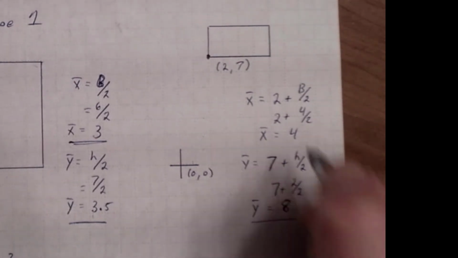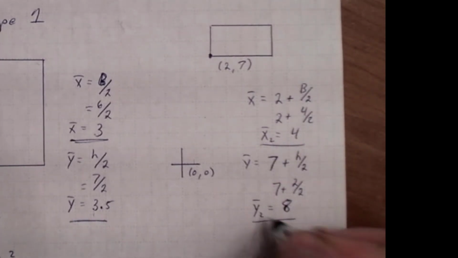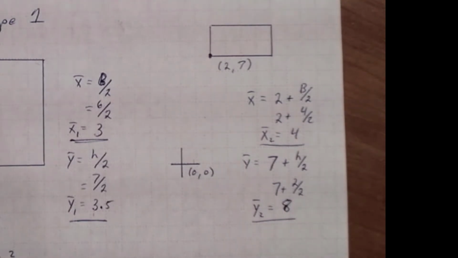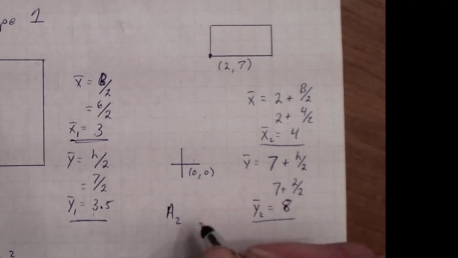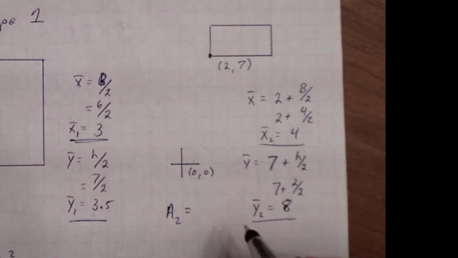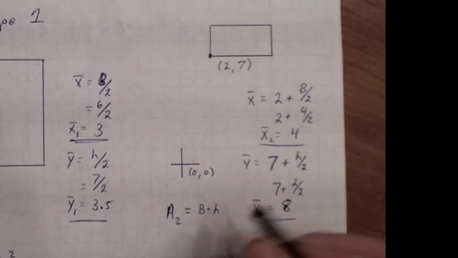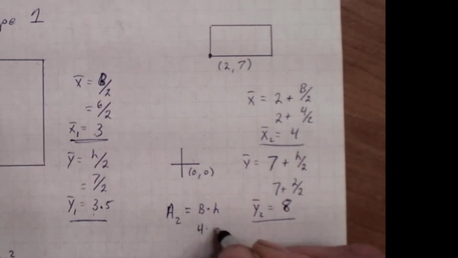So I have my y bar and my x bar of shape 2. Add a little subscripts here, these will make your life easier to keep track of everything. Now I also need to calculate my area. So my area of shape 2 equals base times height, which in this case is 2 times 4, 4 times 2.